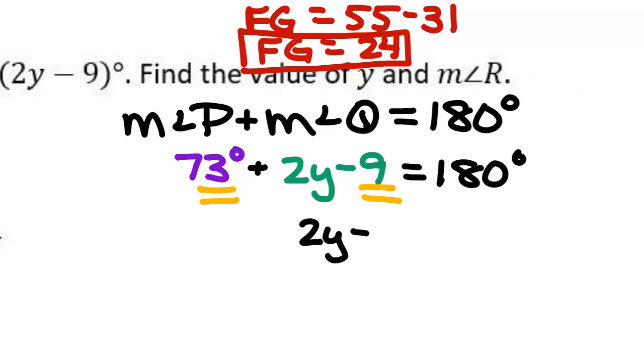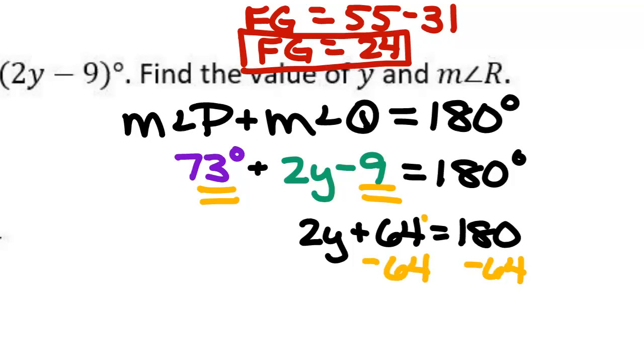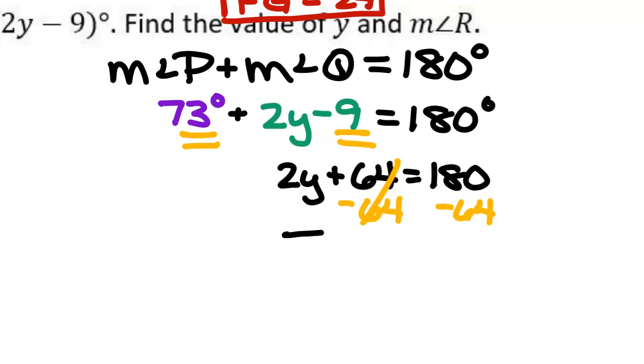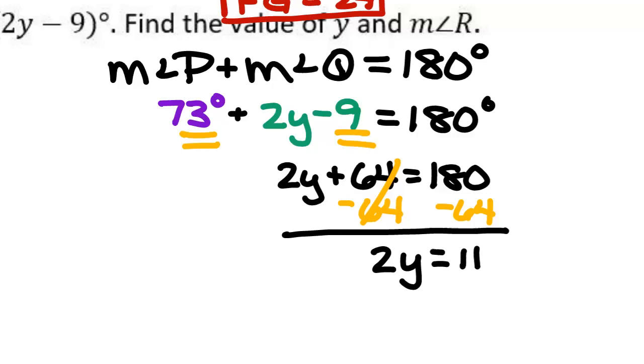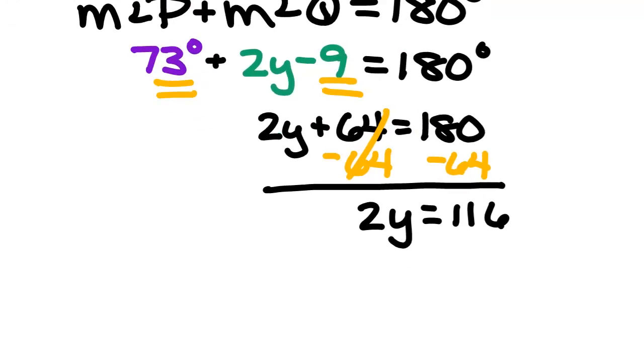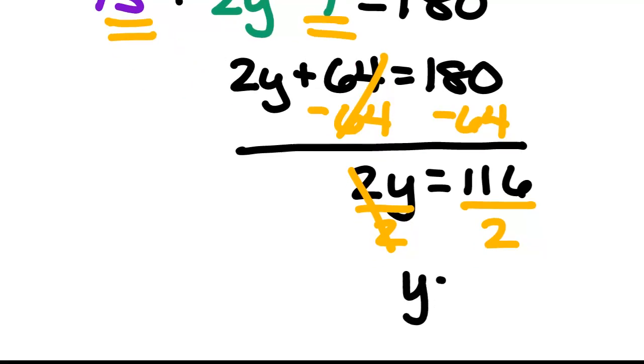So 2y plus 64 equals 180. And then we're going to subtract 64 from both sides. What is 180 minus 64? 116. And then we divide both sides by 2 to isolate the y. What is 116 divided by 2? 58. So y is 58.